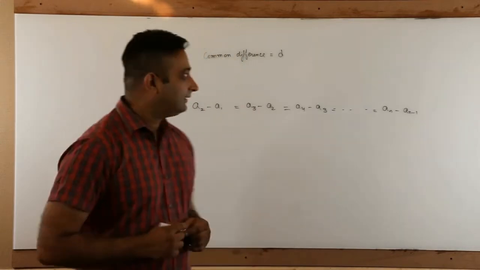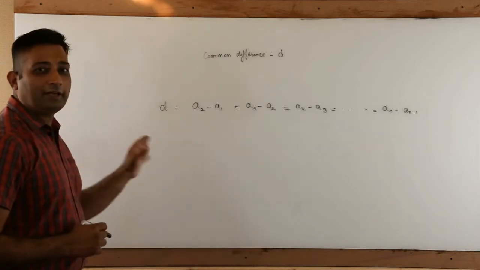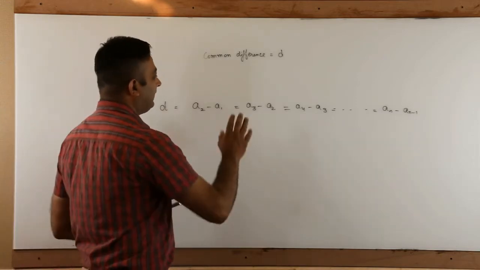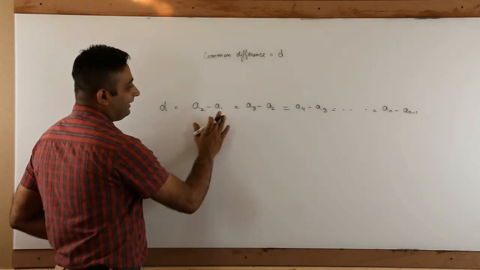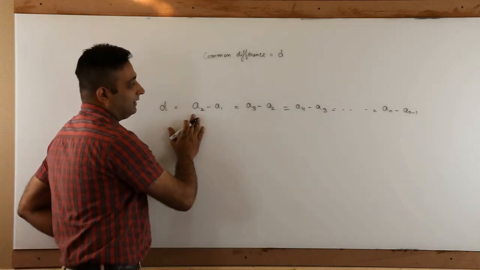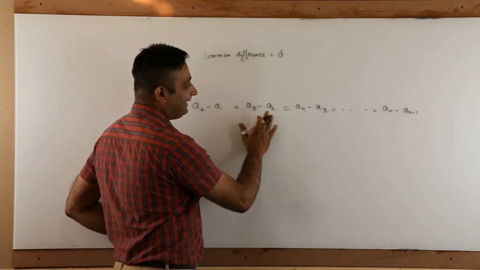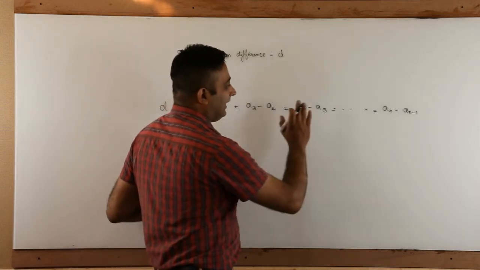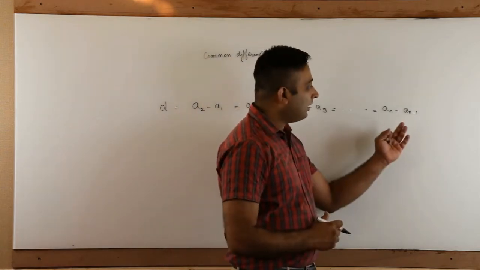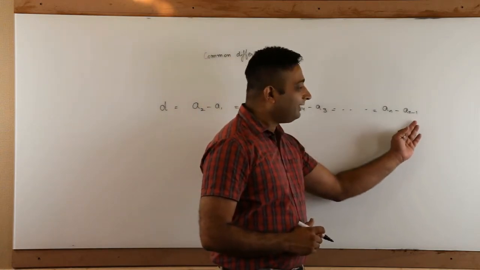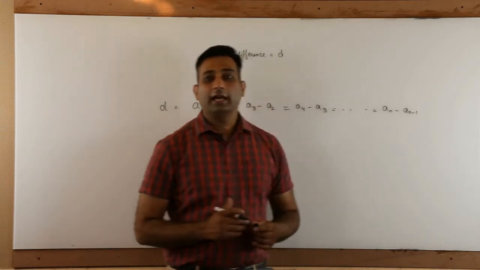If we represent the common difference of an arithmetic progression by D, then D can be obtained by subtracting the first term from the second term, similarly by subtracting the second term from the third term, the third term from the fourth term and so on, or we can subtract the (n minus 1)th term from the nth term.